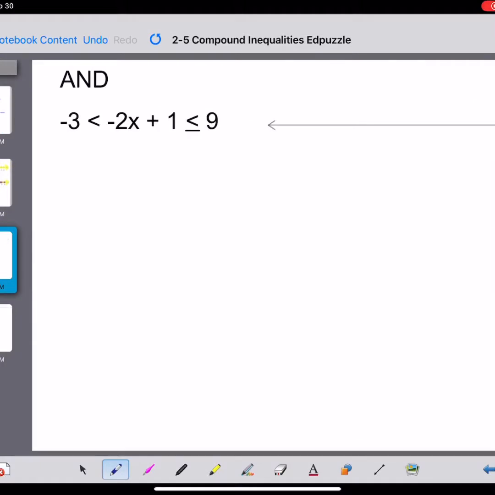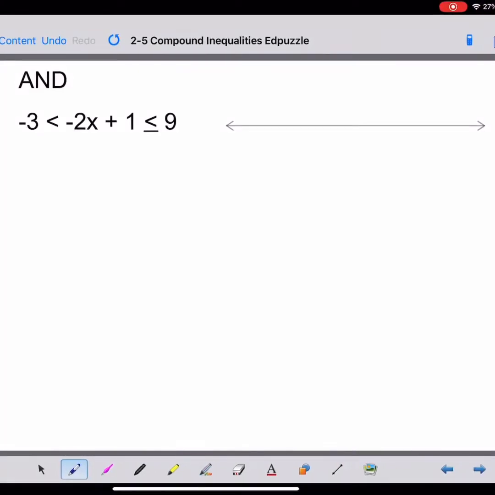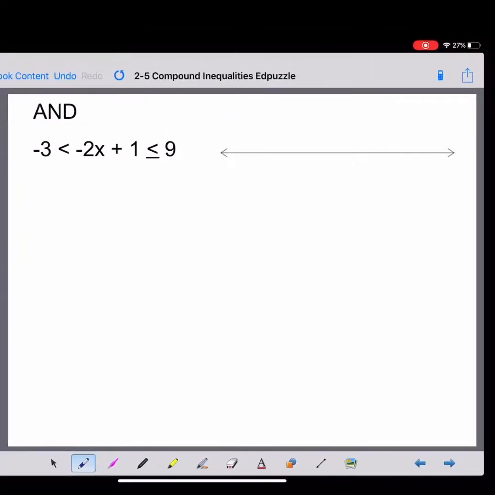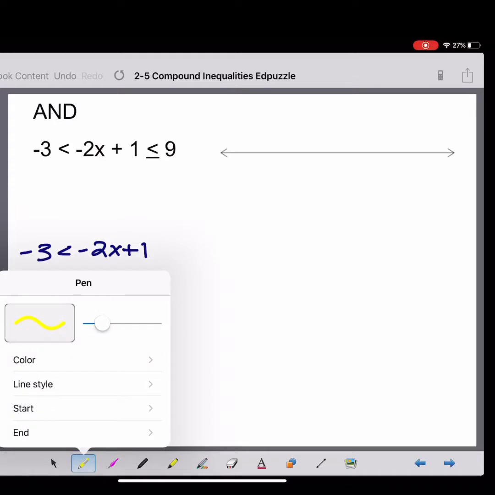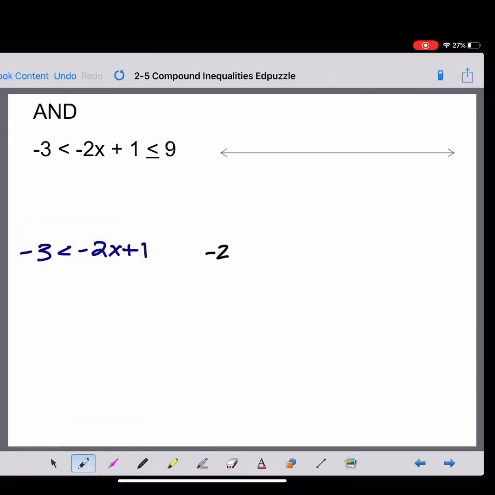So when we're solving compound inequalities, we are actually solving for 2 inequalities. And statements look a little bit different than what we're used to, but we're actually solving for 2 inequalities at once. So we are solving for -3 is less than -2x plus 1, and at the other end, we are solving for -2x plus 1 is less than or equal to 9.